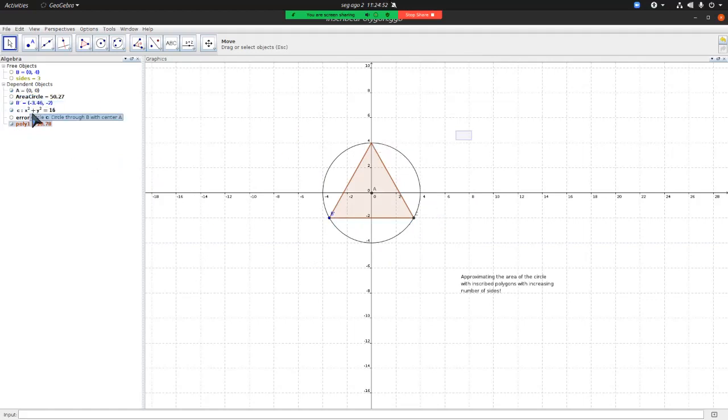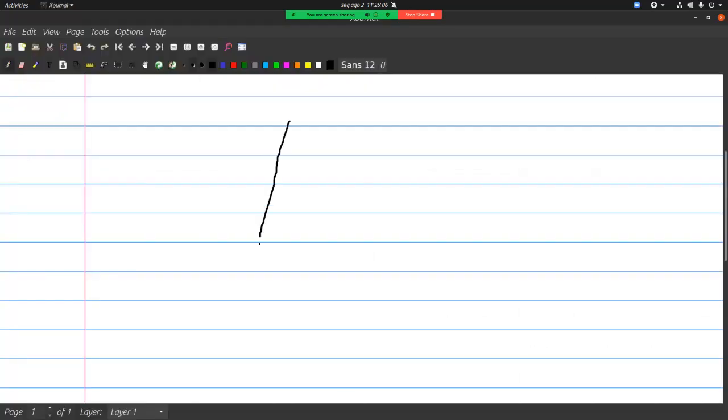Over here we can see the area of the circle is 50. I have my triangle, and it says that its area is 50 and my error is 29.